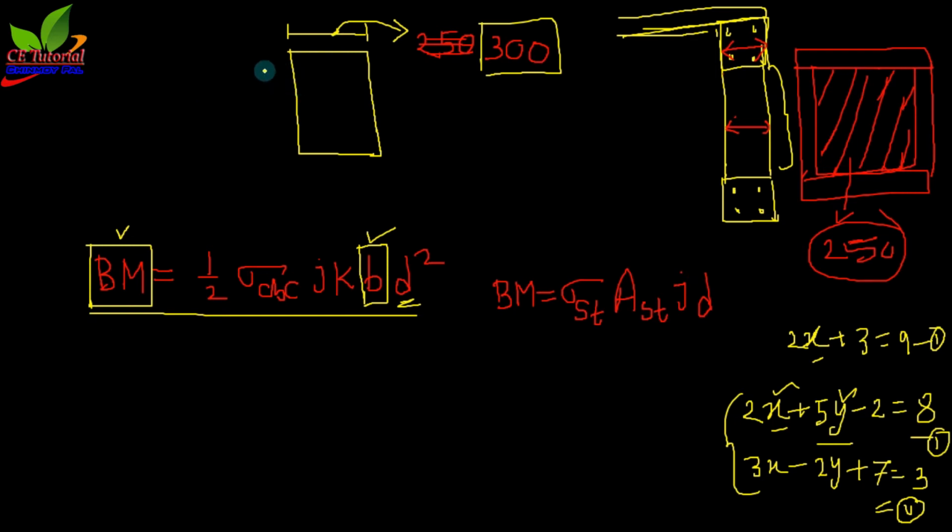The depth of the beam denoted by small d is the effective depth. Suppose we have one reinforcement here, and to keep that reinforcement in a particular position, we place two reinforcements at the top.